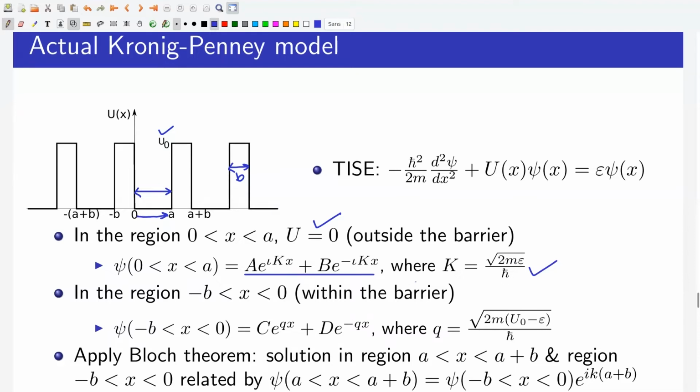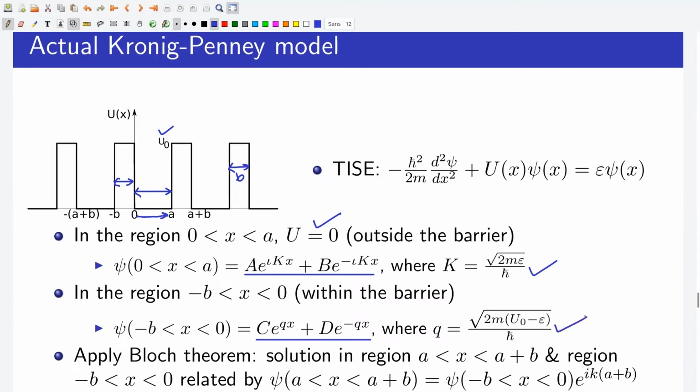Now consider the region between minus b and 0. This is a region located inside the barrier. In this case, the solution is C e power qx plus D e power minus qx, where q is equal to square root of 2m(U0 minus epsilon) divided by h bar.